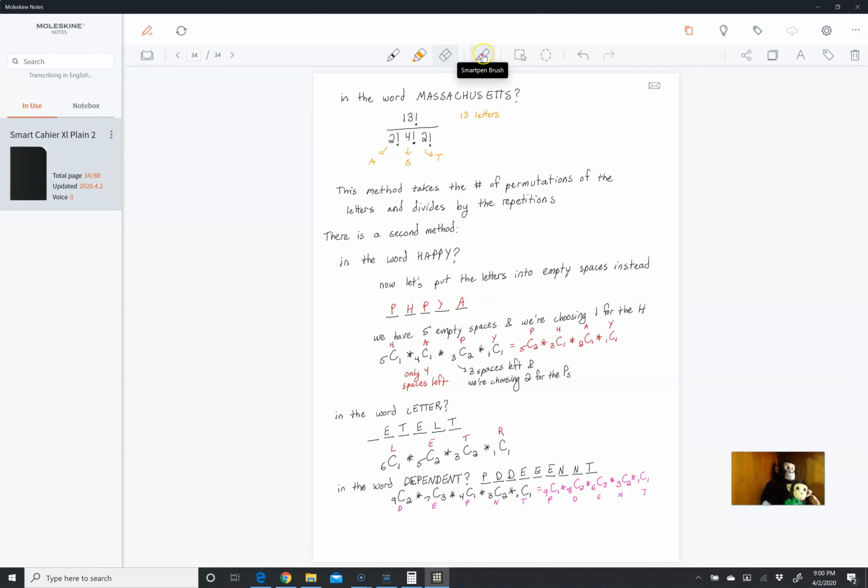Let's do the last one. Let's do Massachusetts. Hopefully I'll be able to fit it here. So in this one we have 13 blanks.